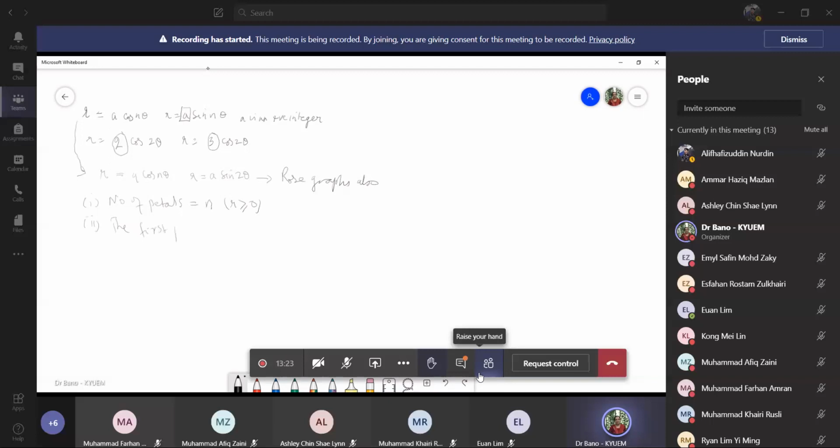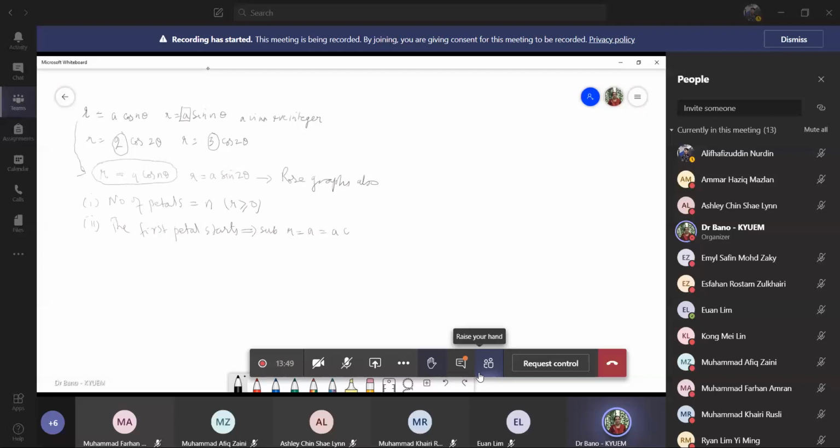The first petal starts. For this, what you do is substitute r = a. That means you are going to get into a situation, I'm talking about this one.